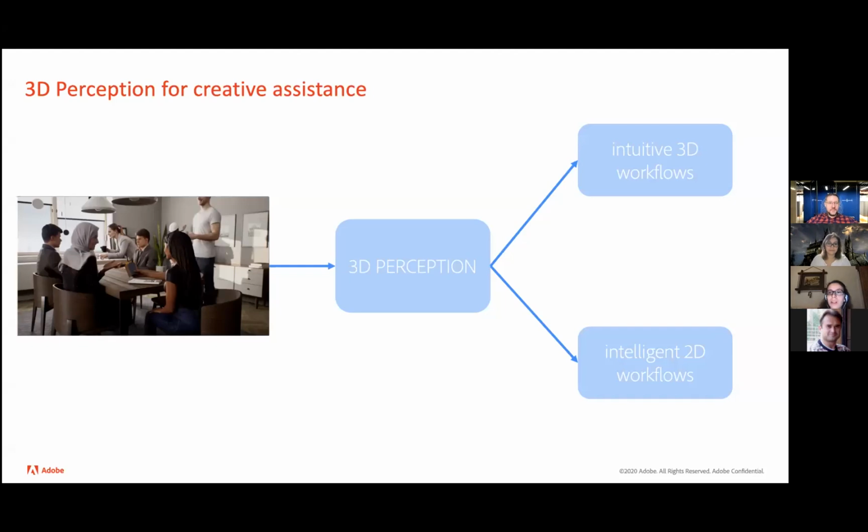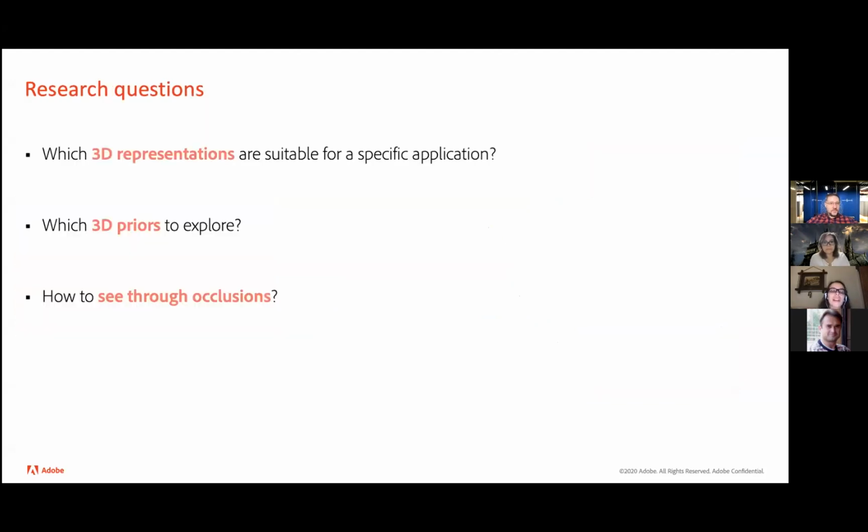So while the goal is to use the 3D information to support these two types of applications, in my research, I'm particularly interested in answering some specific questions. First of all, of course, there are many ways to represent 3D information. So one of the first questions to answer is what type of 3D representations are suitable for a specific application.